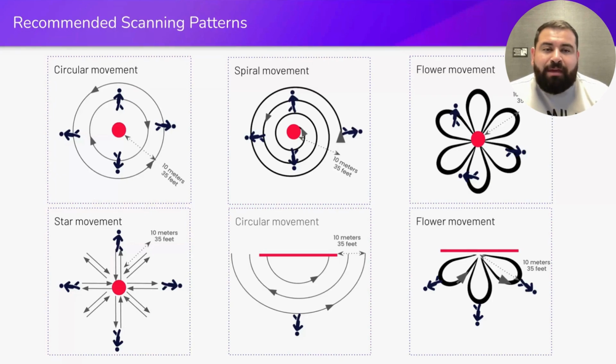The flower movement and the star movement are also really good for larger objects. When I'm producing a splat, you'll see in a few slides, I scanned a whale statue, or two whale statues. I was able to zoom in on that nice, rich texture and then zoom out so that the splat is indicative of the size of the statue.